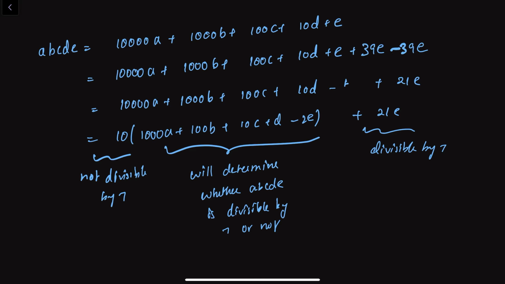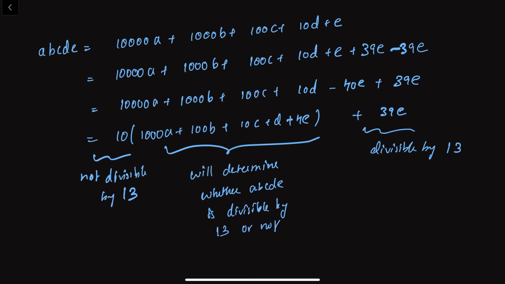So this will become minus 40E and this will become 39E, so this will become plus 4E and this will become 39E. So if we readjust this, 10 is not divisible by 13, 39 is divisible by 13. So A, B, C, D plus 4E will decide whether our number is divisible by 13 or not.